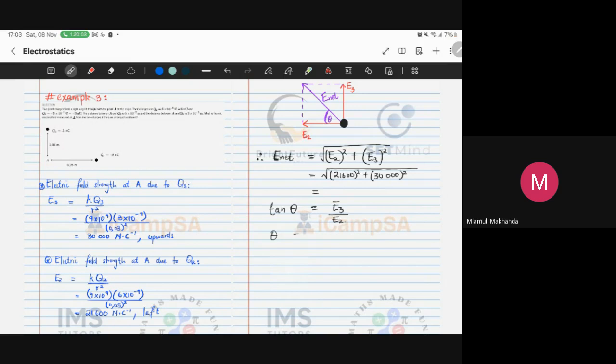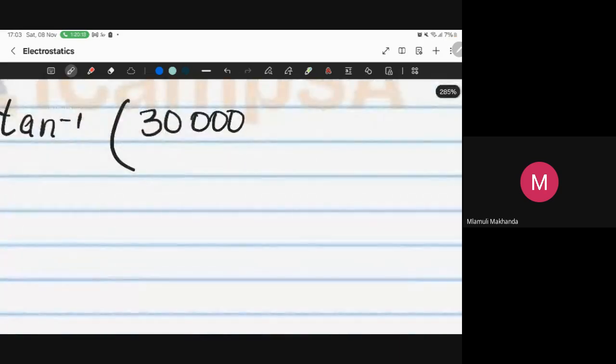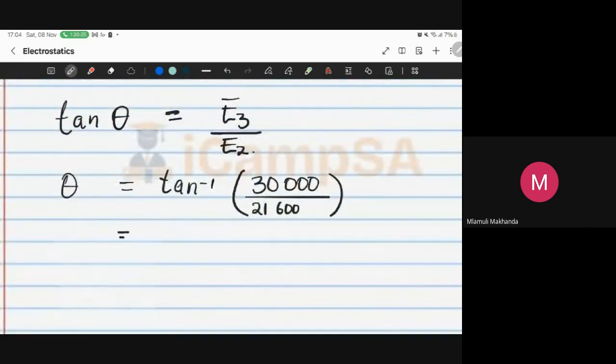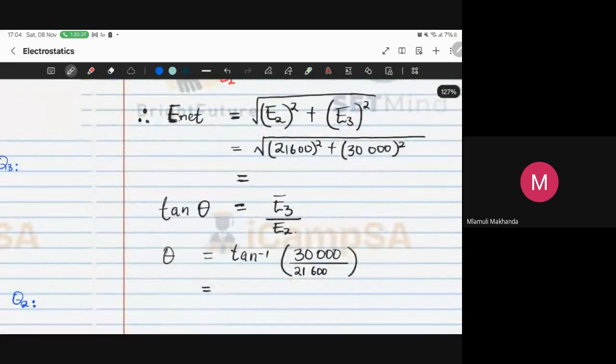Therefore, theta is tan inverse of E3, which is 30,000, over E2, which is 21,600. So let's find these answers.